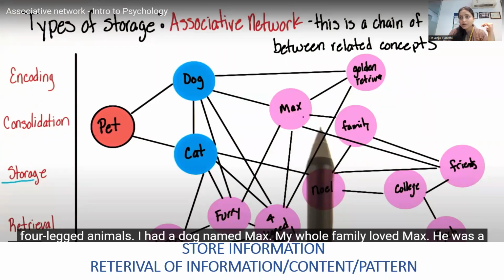See, we have eyes, right? We see a particular pet, and our mind is trained by our parents that if this is the pet, is it a dog or is it a cat? We know it very well that this is a four-legged animal, so it may be a cat or a dog.